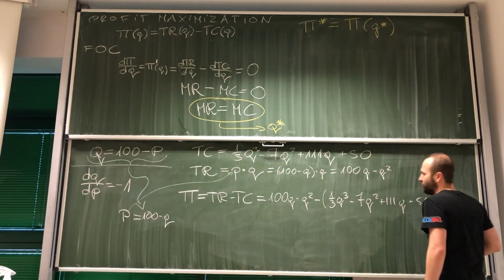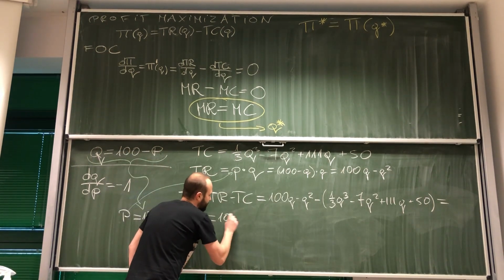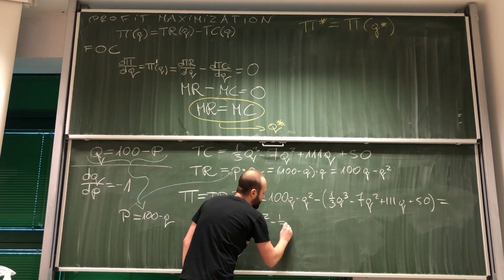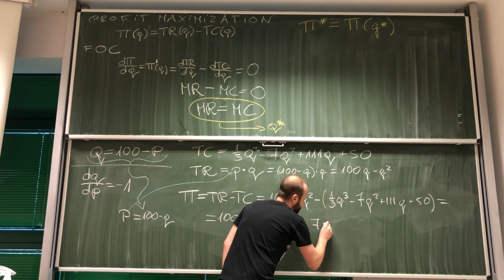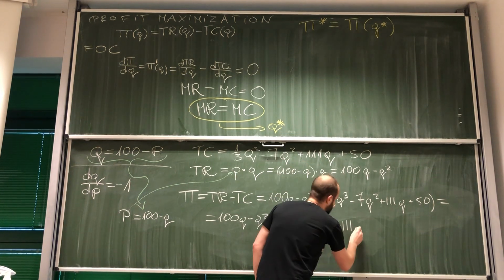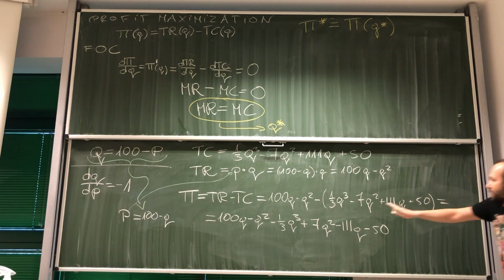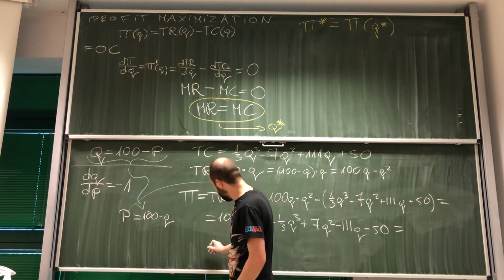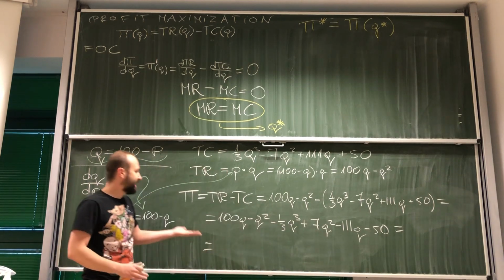But of course, we get rid of the parentheses over here. Let me just do it slowly. And what do we get? Look, still 100q minus q squared stays the same, but now we have minus 1 over 3q cubed plus 7q squared minus 111q minus 50. Right? I simply changed the sign of every expression. And now a good idea is simply to simplify this expression as much as we can.